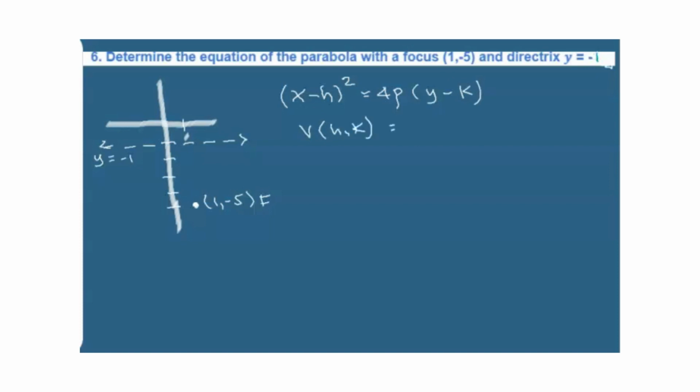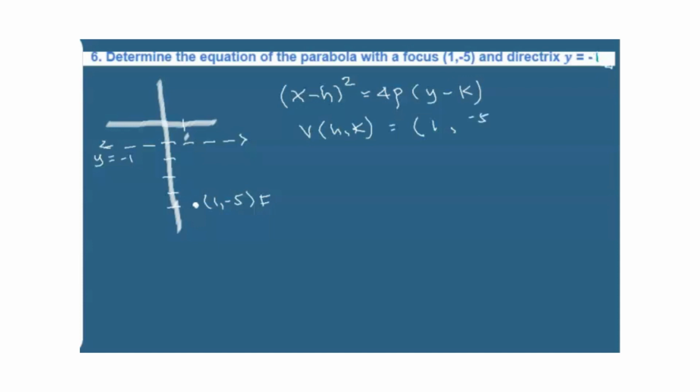From the graph we know that our h is equal to 1 because it's collinear with the focus, and our k would be the midpoint of the focus and the directrix, -1.